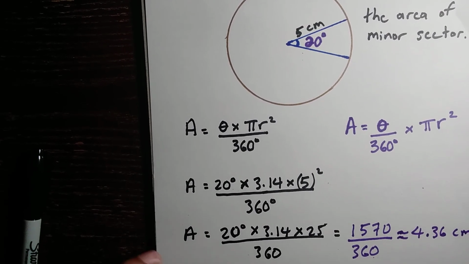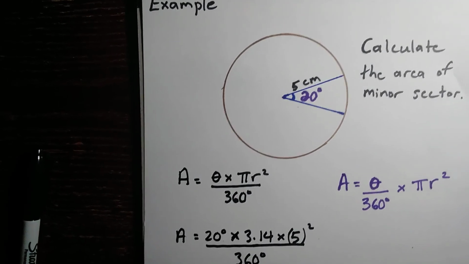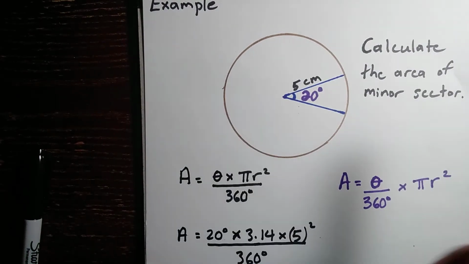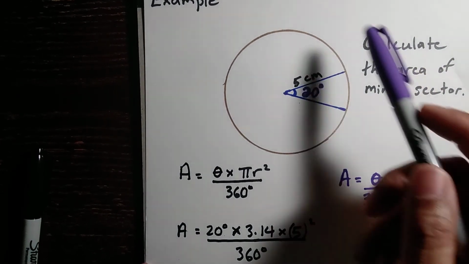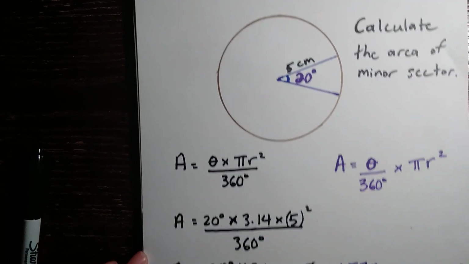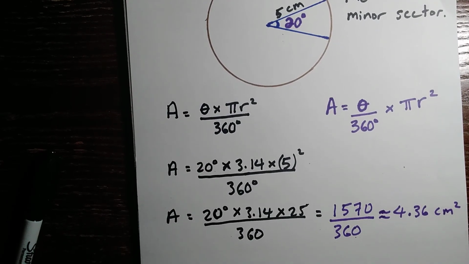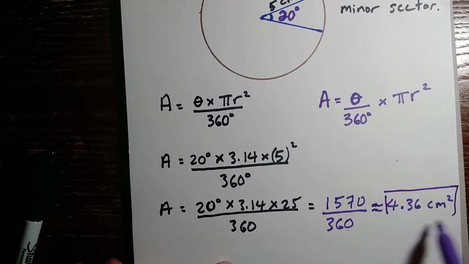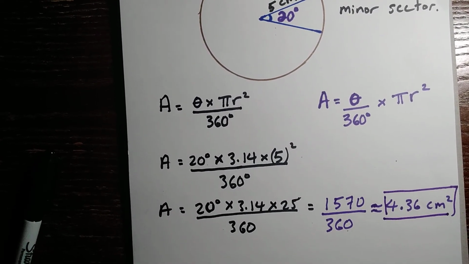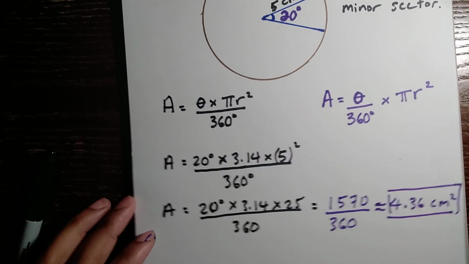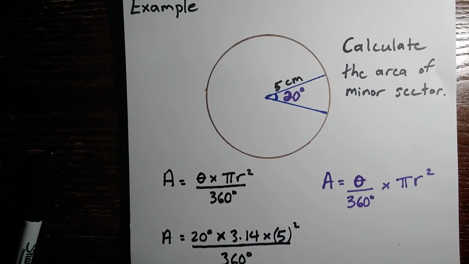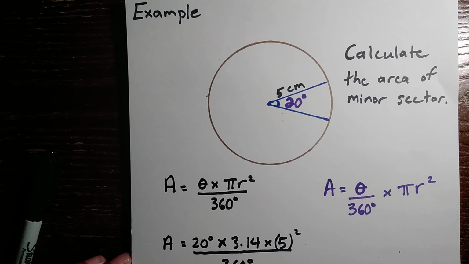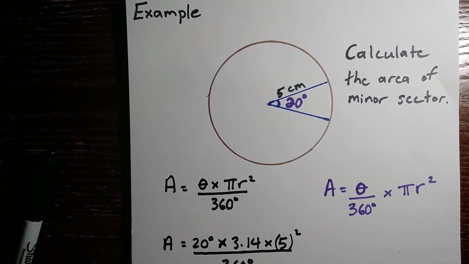Now class, this circle is not drawn to scale, all right? But our actual answer is 4.36 centimeters squared. You may have to rewatch this video to have a good understanding of what took place just now.